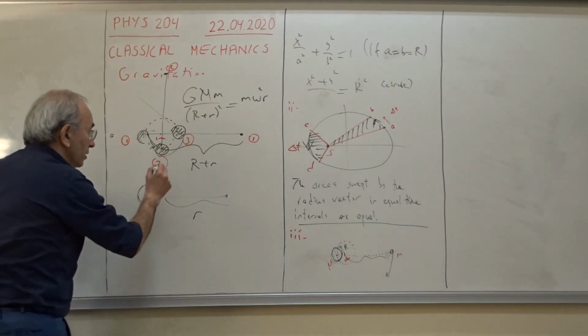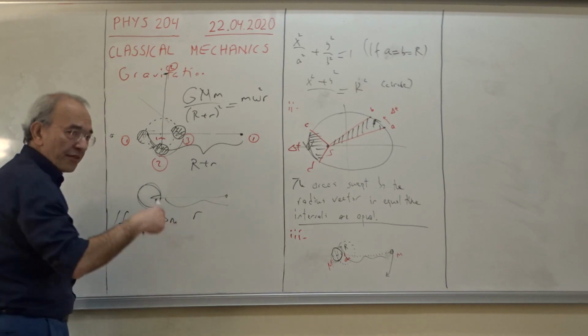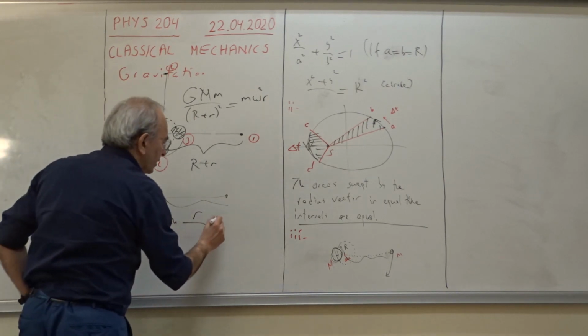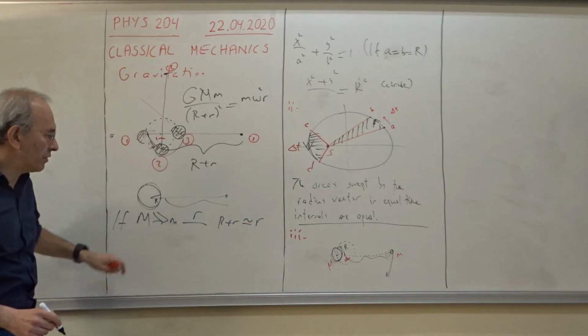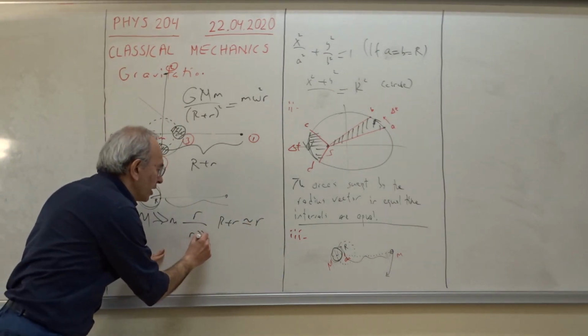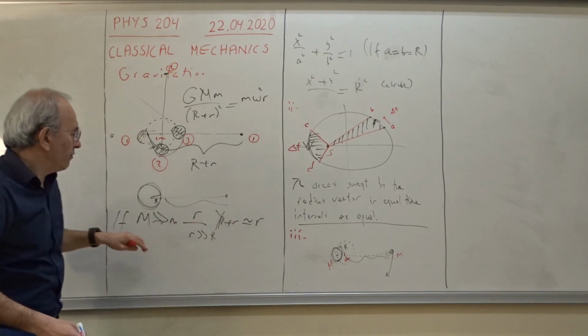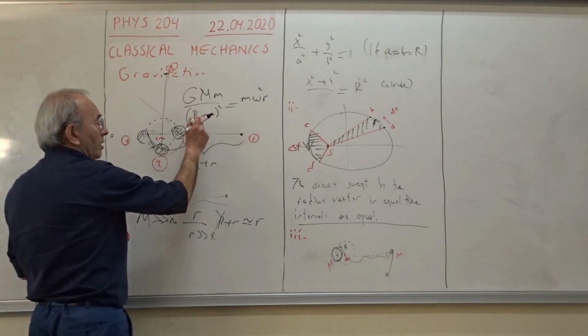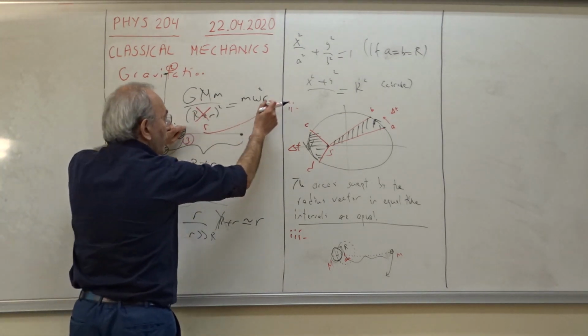But in this, if for instance, m is much greater than the other mass, which means that R plus r can be taken as r. Because in this case, r is much greater than capital R, so this capital R is neglected. Therefore, instead of R plus r, we simply have a little r.